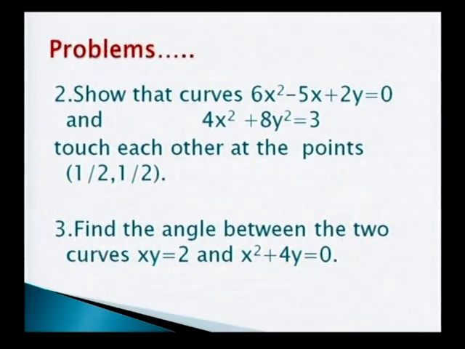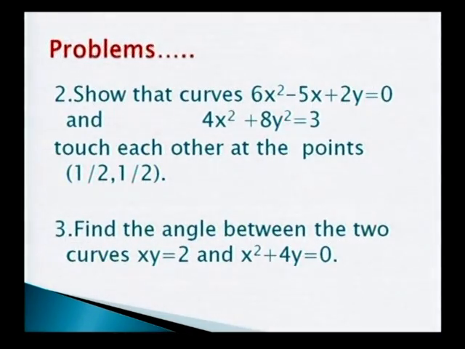So, friends, this is how we are going to solve the problem on the second condition, that the curves touch each other. For this also we have to find the slopes m1 and m2.